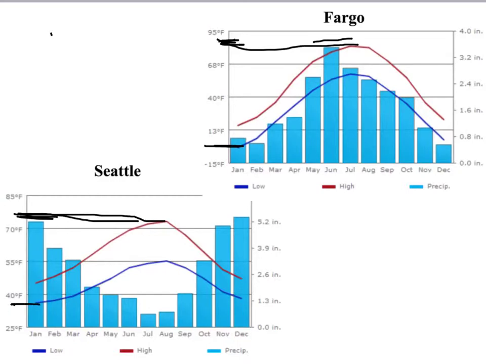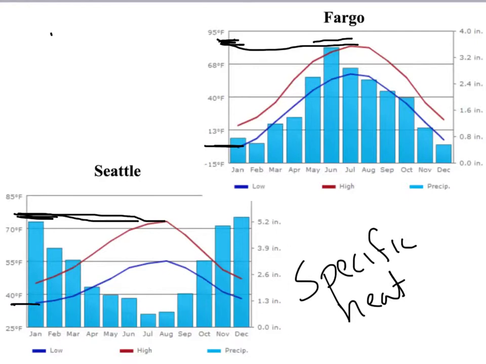A little below 40 degrees, 30-something. And so consequently, Seattle has much less change in temperature because it's holding heat due to the specific heat of water. In other words, the high energy holding capacity of water.